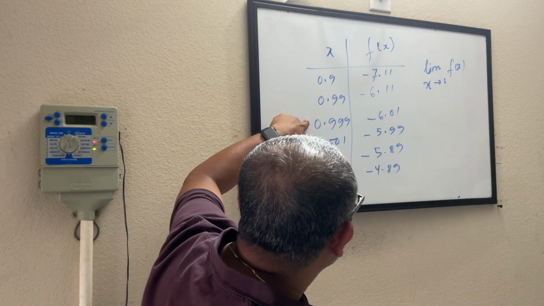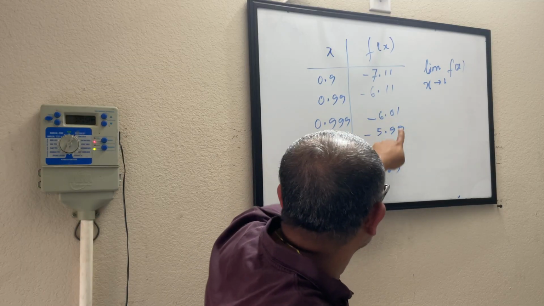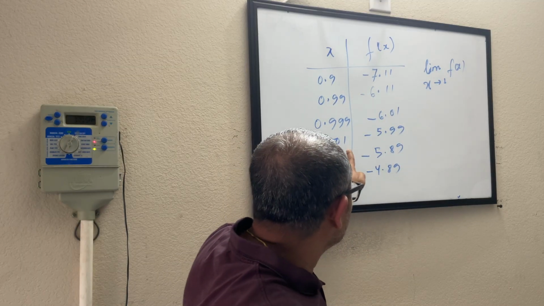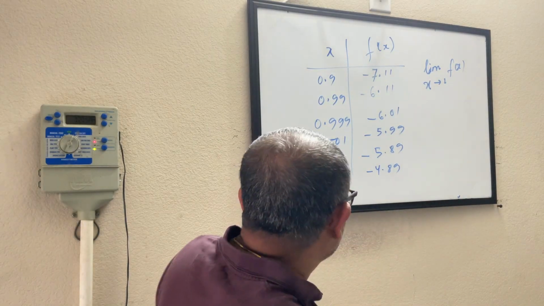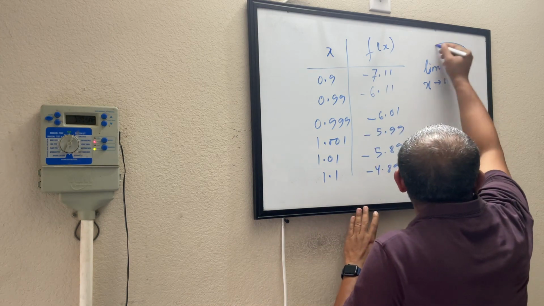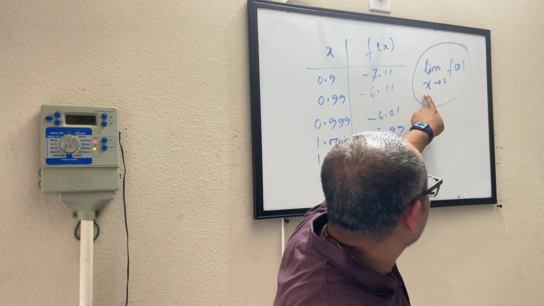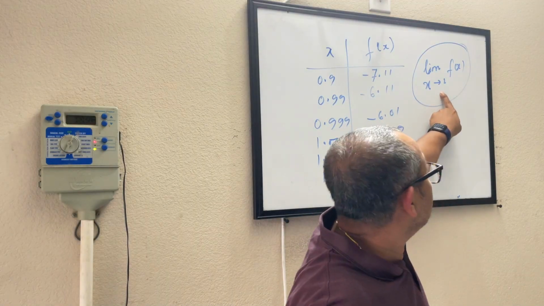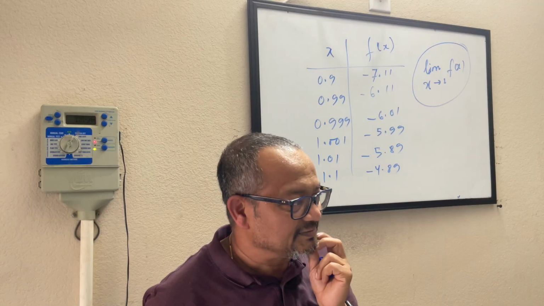When x is 0.999, it's minus 6.01. When x is 1.001, it's minus 5.99. And then it goes on, asking what is a reasonable estimate for the limit of f(x) as x approaches 1. What do you guys think?